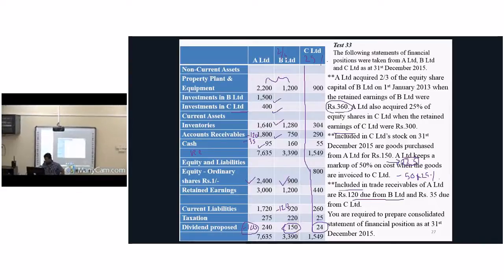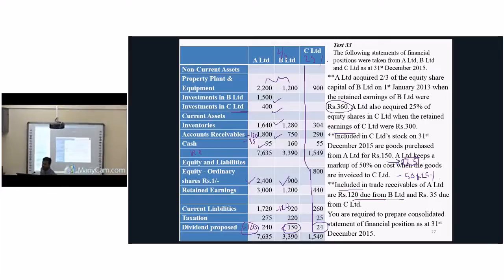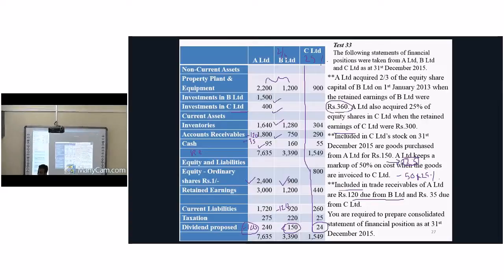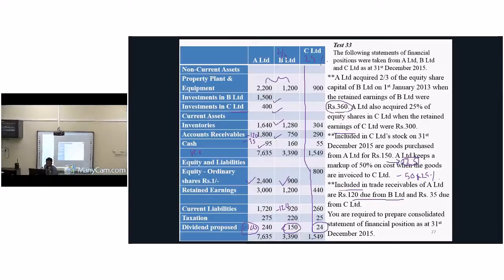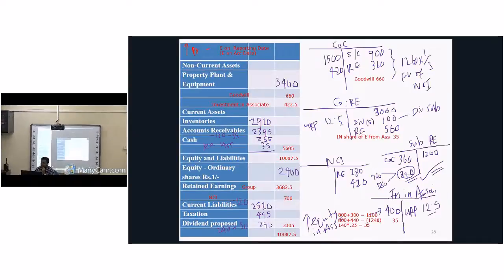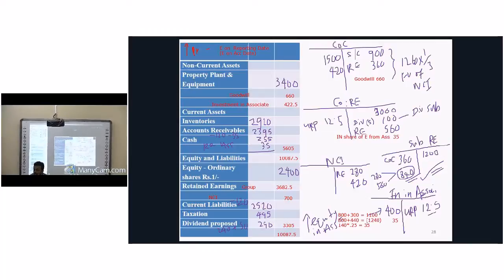We need to do one adjustment for investment in associate. We have to calculate post-acquisition equity, or increase in share of equity, from the associate. How to calculate it? Here I have written, look. Equity on the reporting date of the associate minus equity on the acquisition date of the associate.